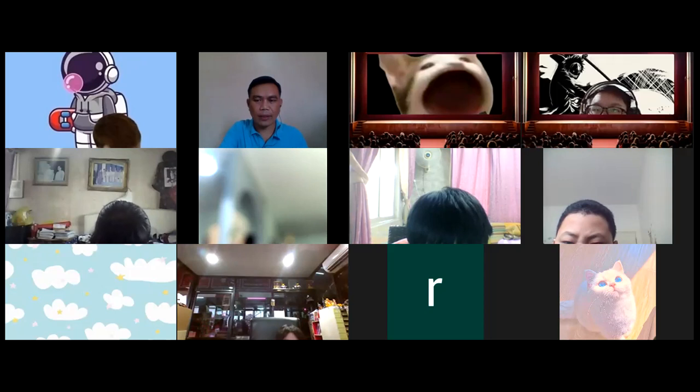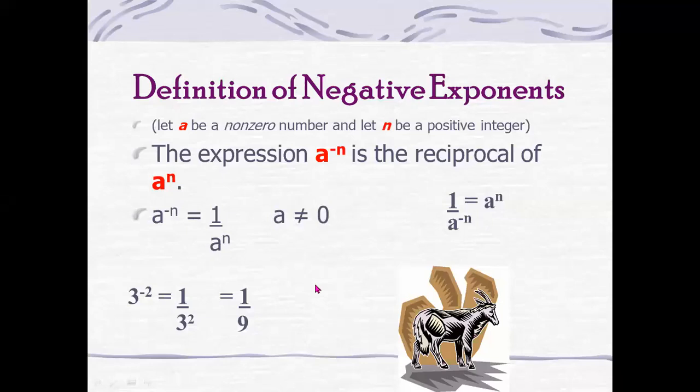Now, if we say that a negative integral index, or a negative index, will be written in a fraction form to become positive, what will be your answer? Okay, let's start with Chuik. Chuik, please unmute.